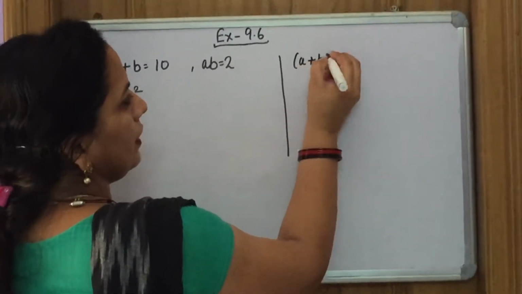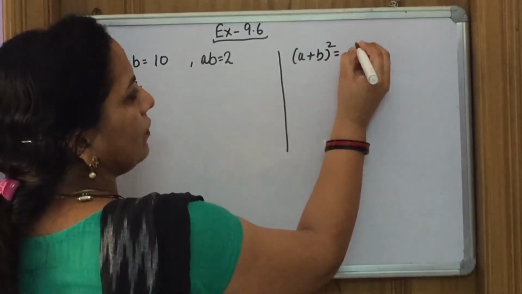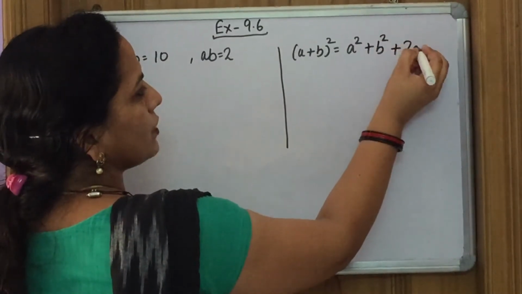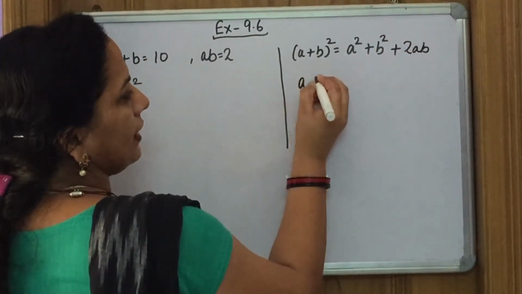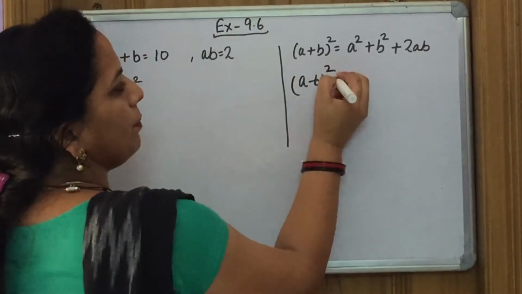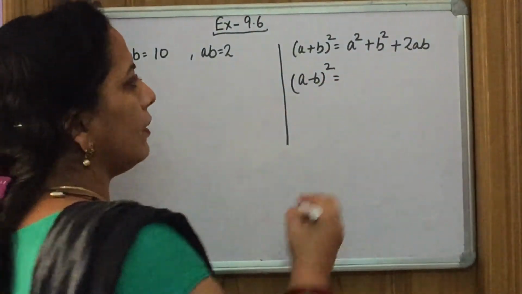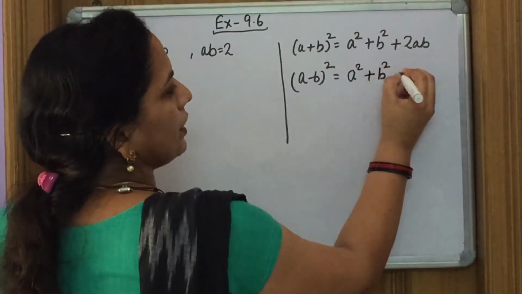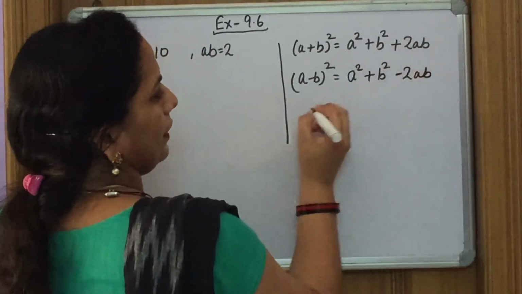(a plus b) whole square, that will be equal to a square plus b square plus 2ab. The second one is (a minus b) whole square, that will be equal to a square plus b square minus 2ab.